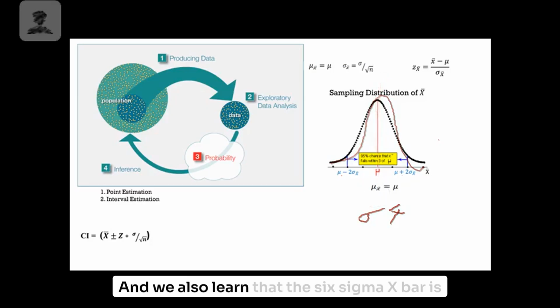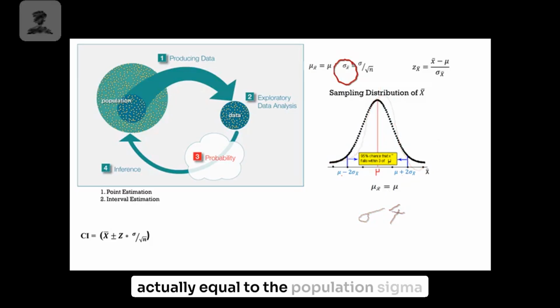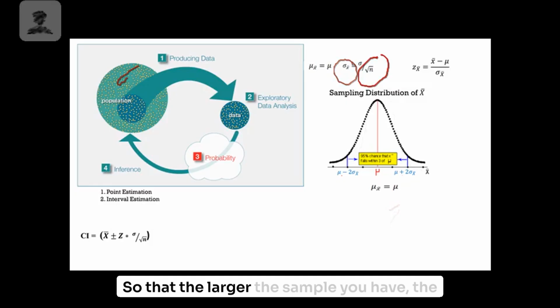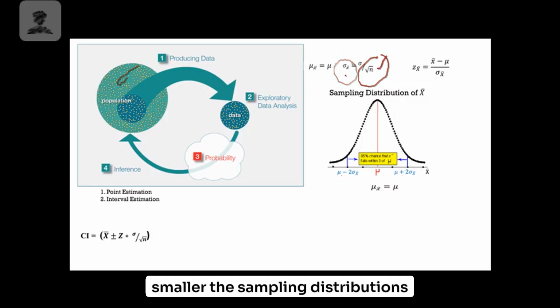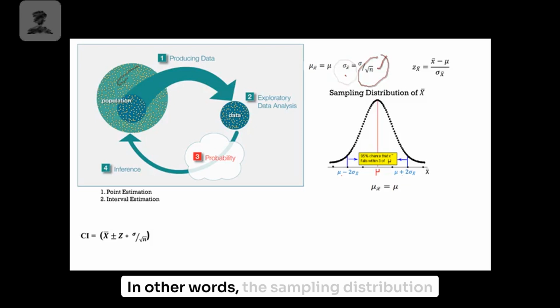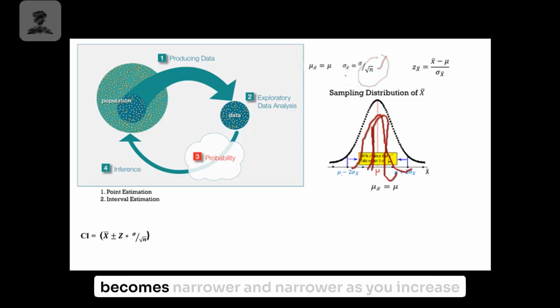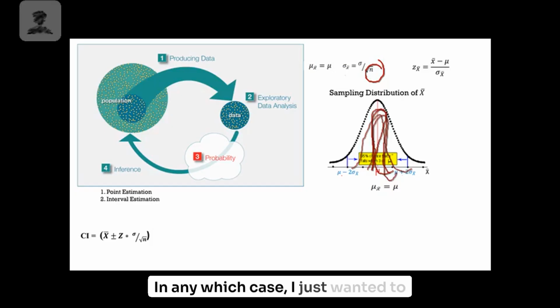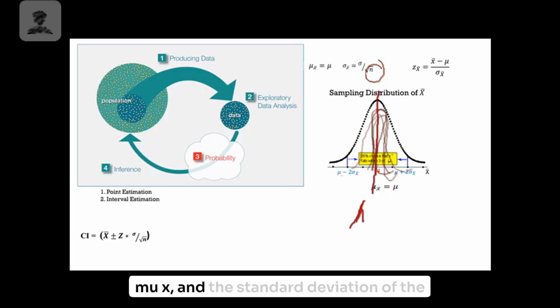And we also learned that sigma x bar is actually equal to the population sigma divided by the square root of n, so that the larger the sample you have, the smaller the sampling distribution's standard deviation would be. In other words, the sampling distribution becomes narrower and narrower as you increase the sample size. I just wanted you to understand that the center of this is called mu x bar, and the standard deviation of the sampling distribution is sigma x bar.